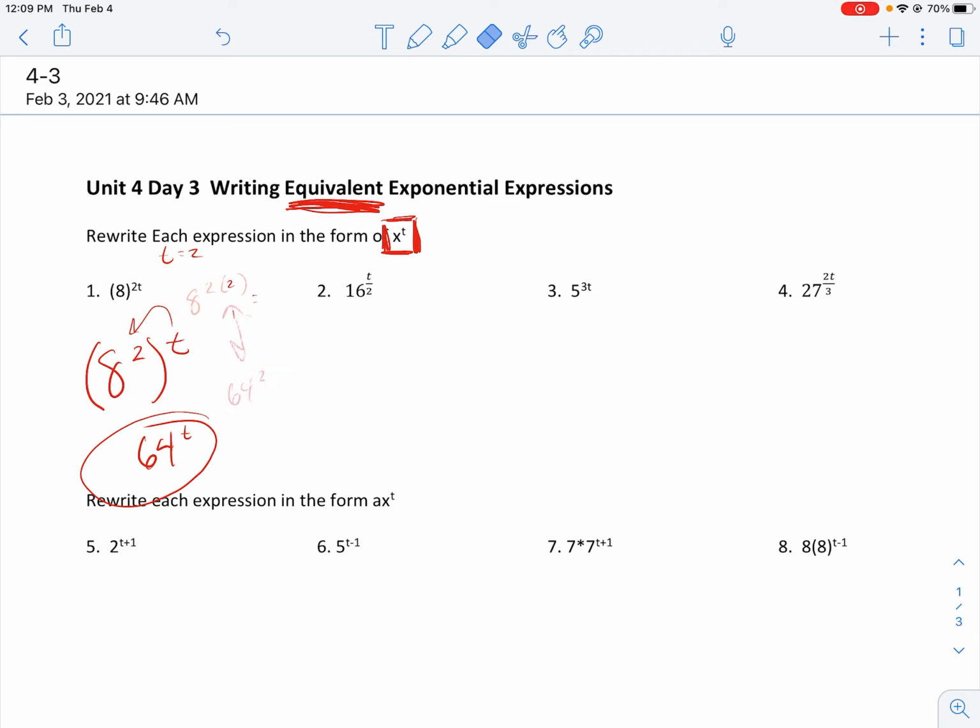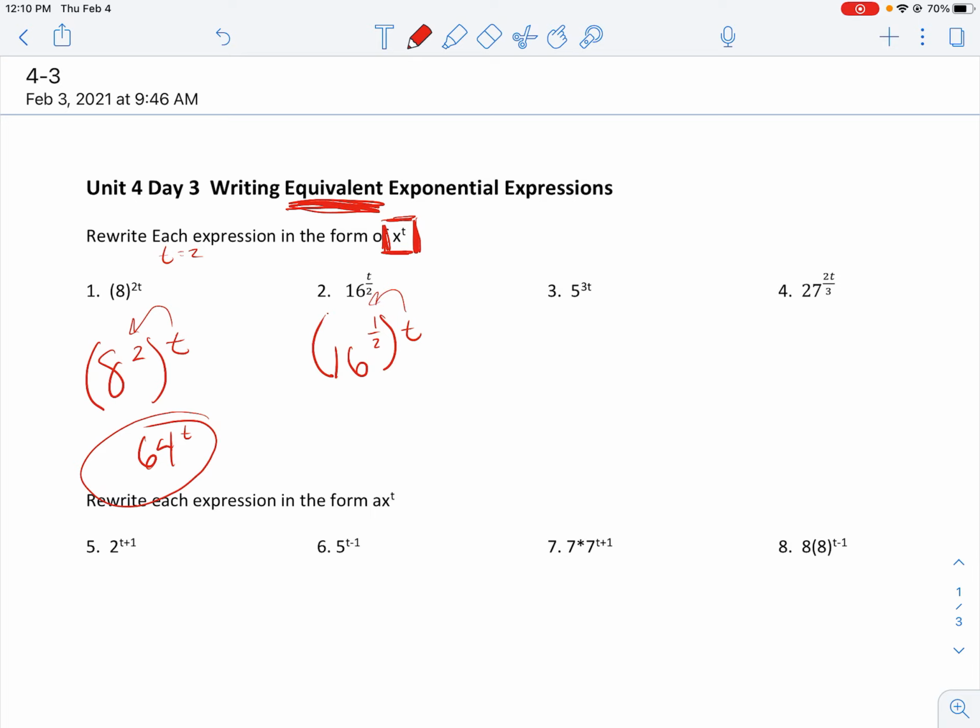Okay, let's move to the next one. Very similar. We got a t here, except we got this 2 sitting in the denominator now. The process is still the same. This is actually 1/2 times t, that's what that t over 2 stands for. I'm going to do the same thing I did over here and move that 1/2 inside the parentheses.